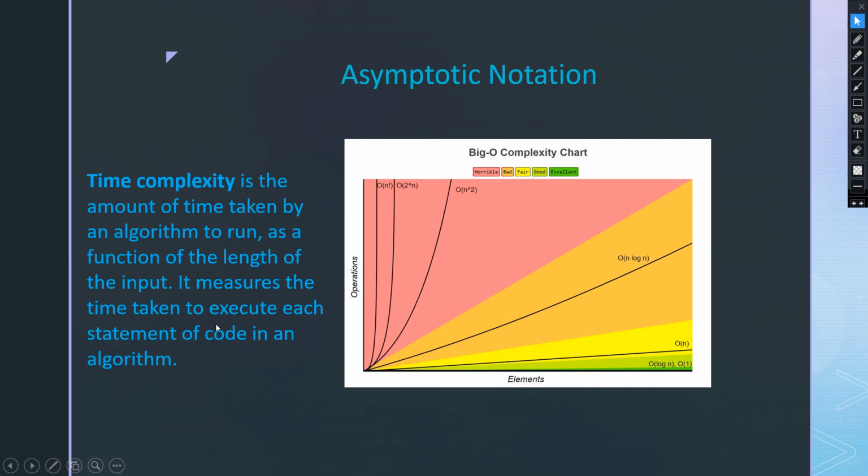We measure the time taken to execute each step of code in the algorithm. In this big-O complexity chart, our time complexity is shown, in which order of log n is very low complexity, then order of n, order of n log n, order of n squared, and it goes further upward.